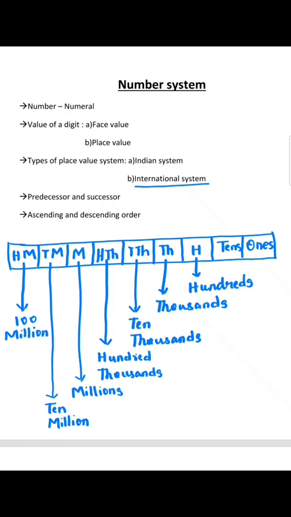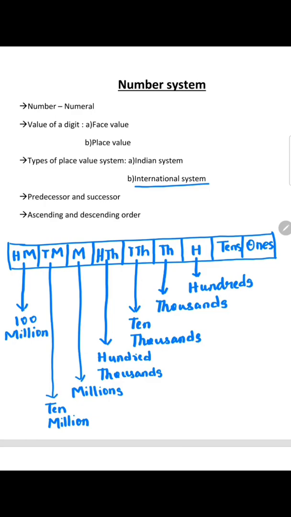So, let us come and learn about the international system now. According to the international system, we have ones place, tens place, hundreds place, thousands place. After thousands place, we have 10,000s place. After 10,000s place, we have 100,000s place. After 100,000s place, we have millions place.